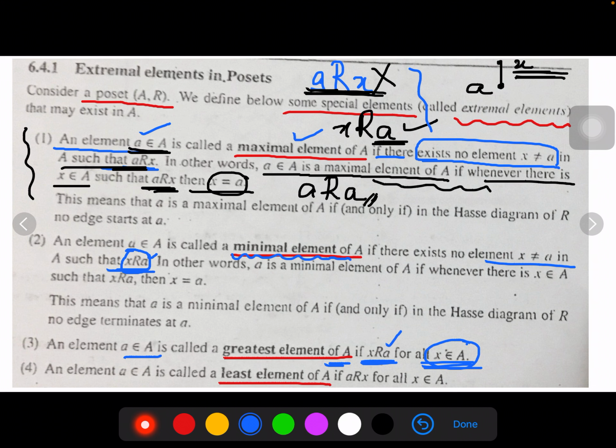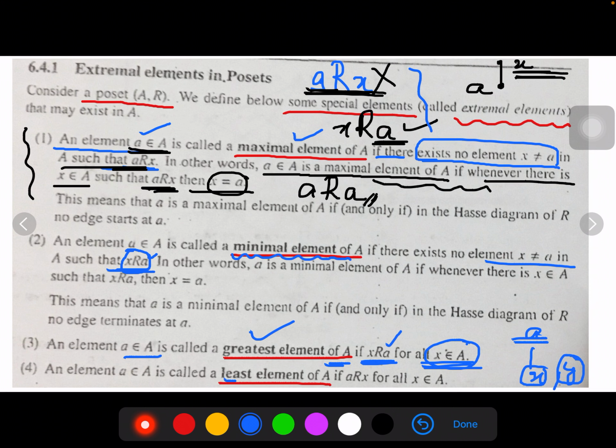All the elements below should be related to a, then it becomes greatest. a could be above x, but sometimes there will be another element which may not be connected to a. You cannot say a is the greatest element because it is not related by y, it is related only by x. So that is the meaning of greatest.